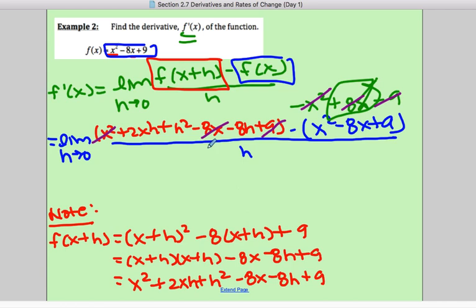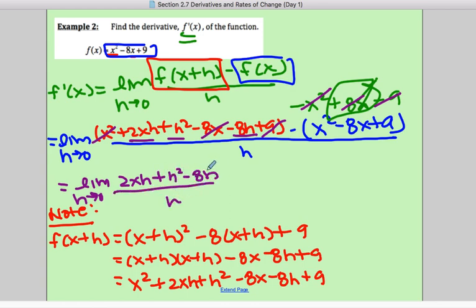Then from here, I'm just going to write down what I have left. Got those 3 pieces, those 3 terms. So I have my limit as h approaches 0 of 2xh plus h squared minus 8h all over h. And now if I try and plug in 0 for h, I can't, so I need to factor out my h.